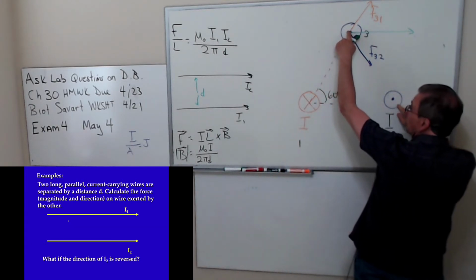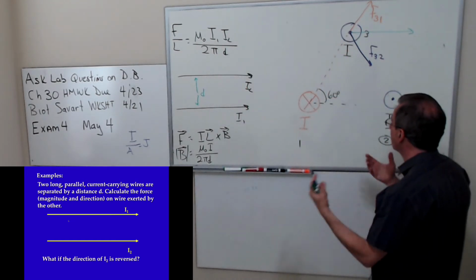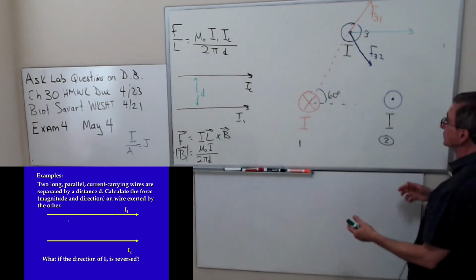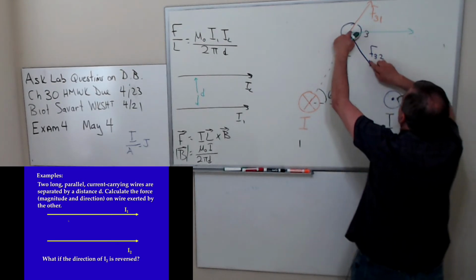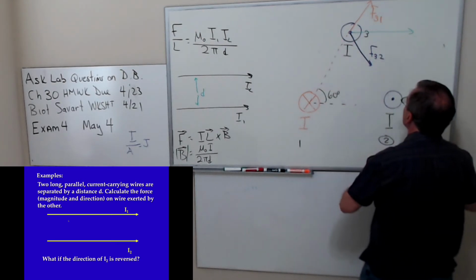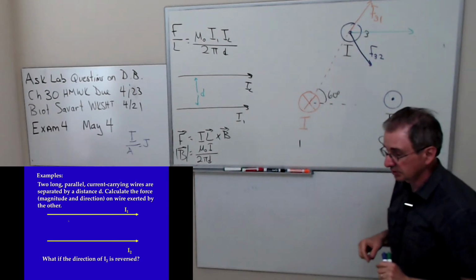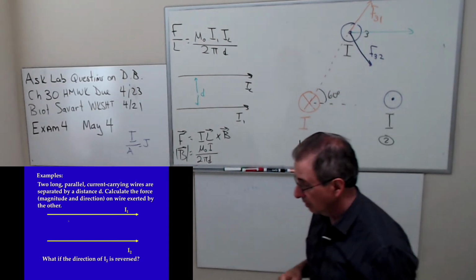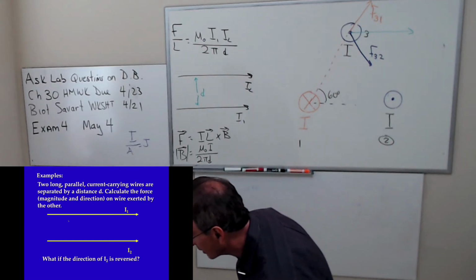And I got to find the force per unit length between these two, and it's given by this expression. And all the I's are the same, and all the distances are the same. So the lengths of the vectors are the same. So this length and this length are the same. And so what you'll see is the y components will cancel, just leaving you an x component. Does that make sense? Mm-hmm. Hold on, I guess the question, why only?